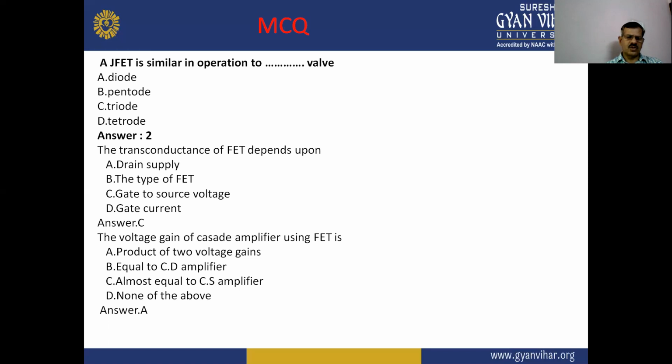CS means common source, CD means common drain amplifier, and D is none of the above. So the correct answer here is option A. The voltage gain of the cascade amplifier using FET is the product of two voltage gains.